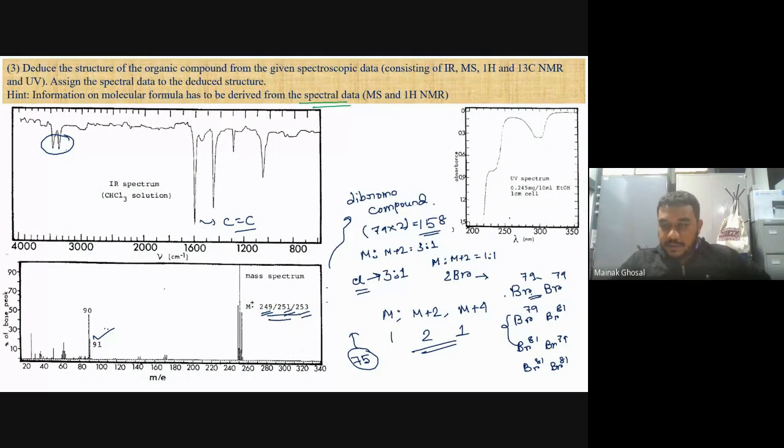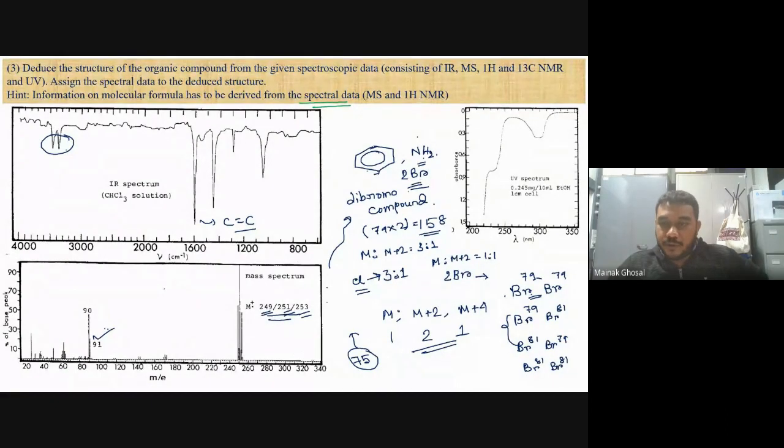And from the UV, there is an absorption at 250 or 260, which indicates some aromatic compound. So you have got an aromatic compound and you have got NH2. In your compound, you have two bromine, one NH2 and an aromatic ring.